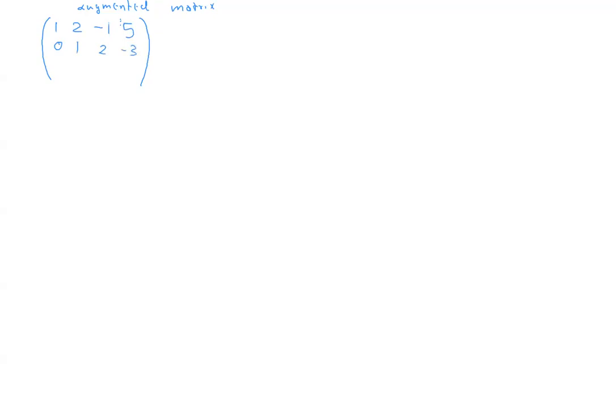So let's say that it looks like this. What would be the system that corresponds to this matrix? The answer would be x plus 2y minus z is equal to 5, and y plus 2z is equal to -3. Do you agree?